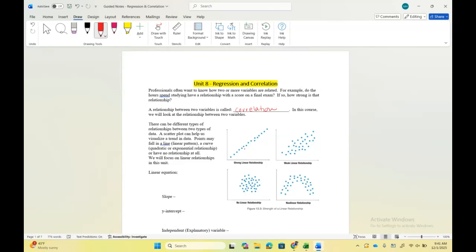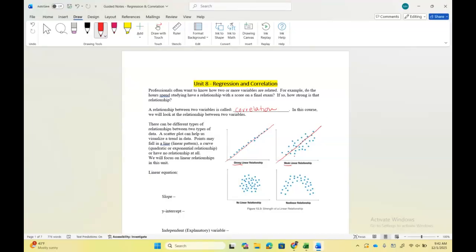We can talk about linear relationships, where if we plot the data points, it basically makes a line, okay? If the data points are really close together to the same line, that would be a strong relationship. If I draw a line and the points are kind of more scattered out, that is a weak relationship, okay?